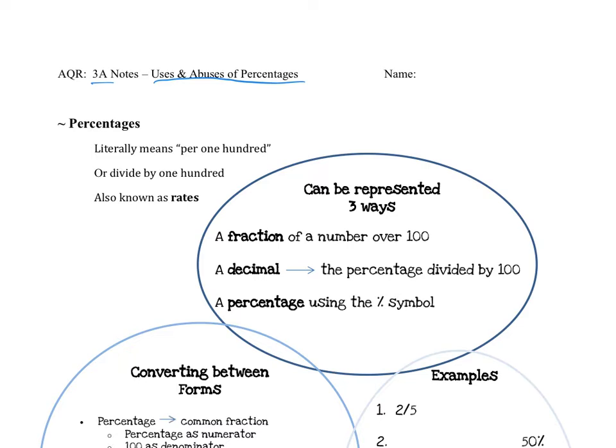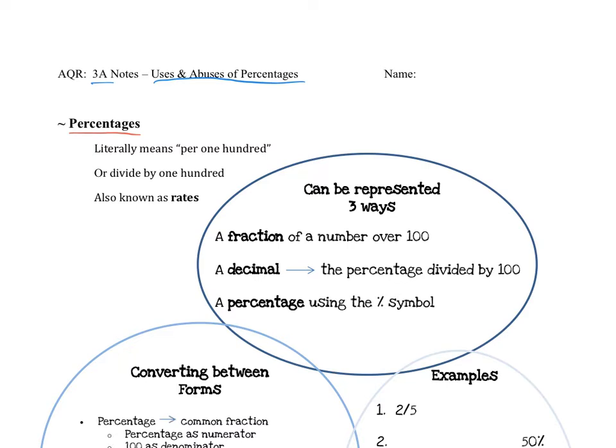So very quickly here, I'd like to go over what words mean so that we can understand what they are, and we'll go over how to work with these in a minute. Right off the bat, we have this word percentages or percentage, and literally, it means per 100.